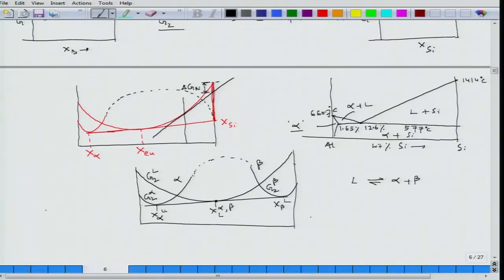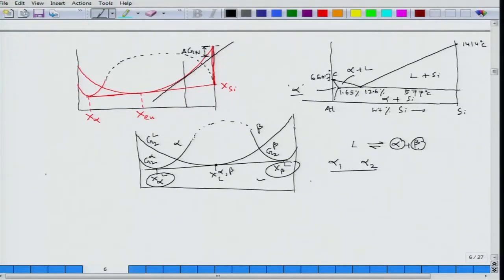One would have composition X alpha in equilibrium with liquid, and the other X beta. When we had similar crystal structures, we used to indicate alpha 1, alpha 2, but since here they have different crystal structures, we give two different notations, alpha and beta.